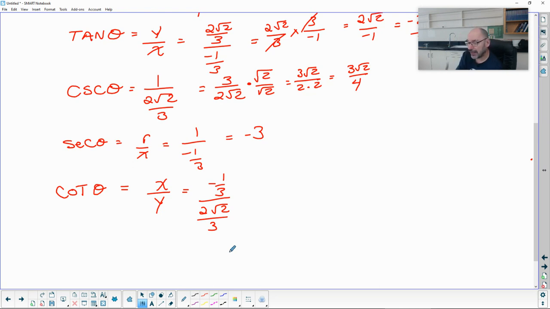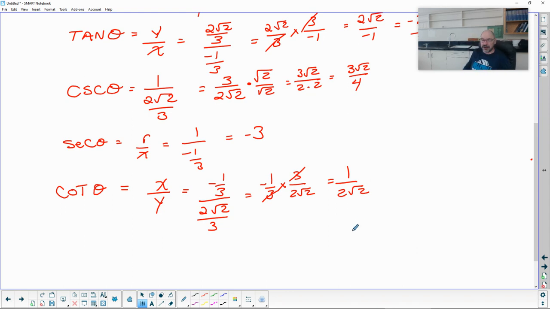Okay, so again, we're going to flip this over and the 3's are going to end up canceling out. Okay, making sure I keep that negative in there. So I got an answer of 1 over 2 root 2.